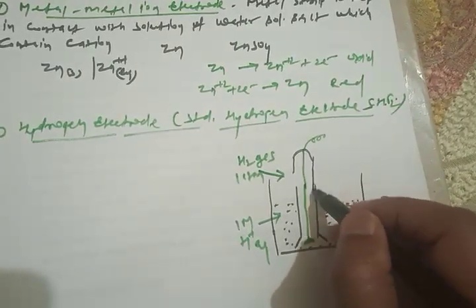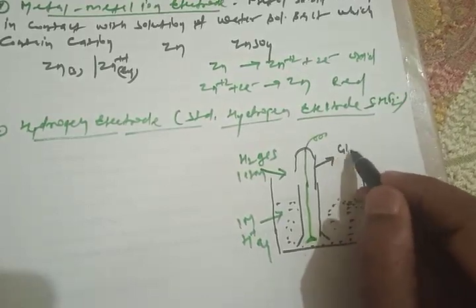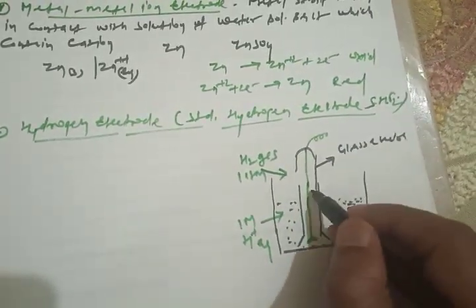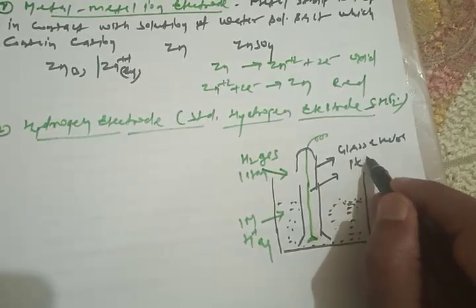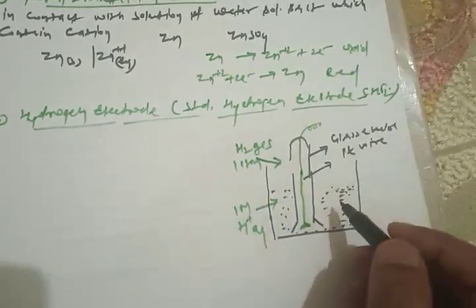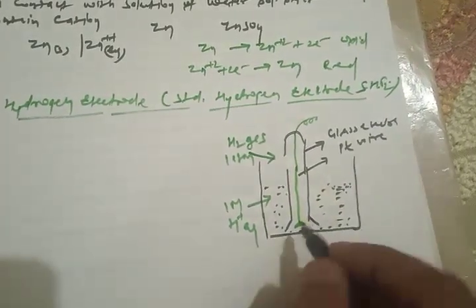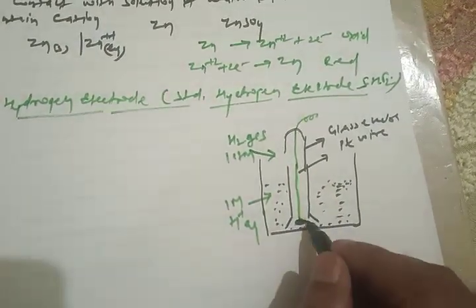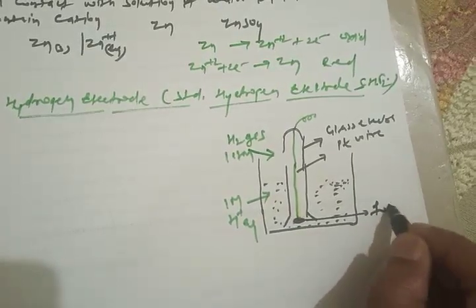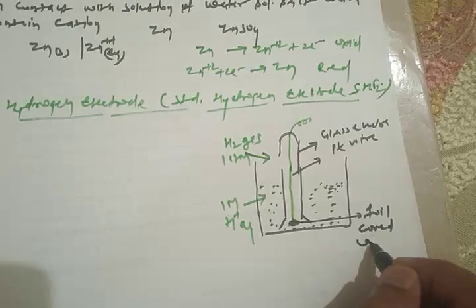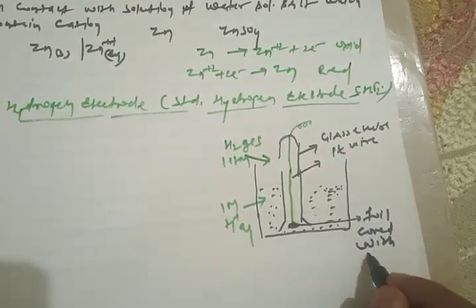This is actually a glass electrode. This is glass, and this one is the platinum wire. And this is the foil covered with platinum black.